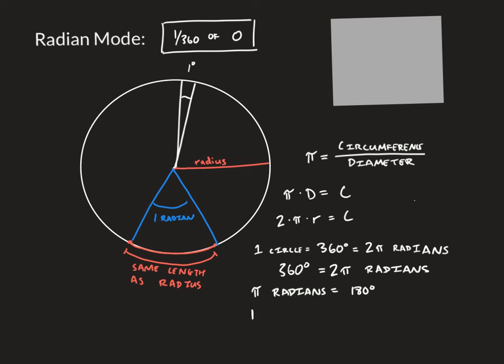So that means that 1 radian equals 180 degrees divided by pi.